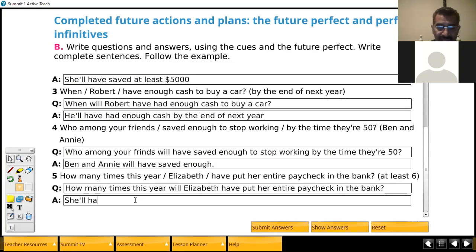She'll have put her entire paycheck at least 6 times, no? No, at least 6, so it was 6 times.